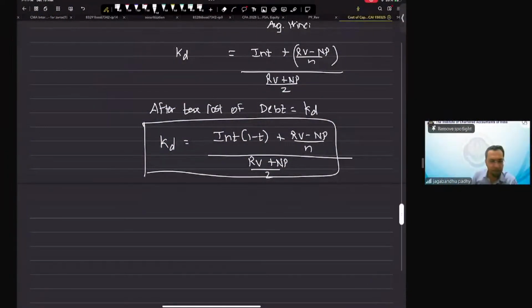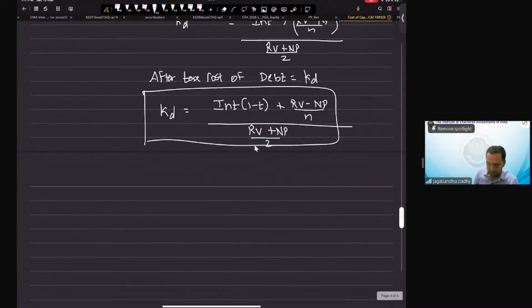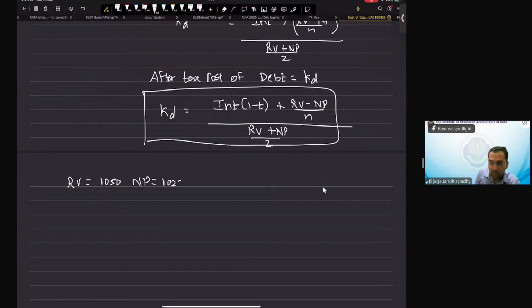We good with this formula? So suppose I tell you we have a redemption value of 1050, net proceeds of 1025, interest is 100, tax rate is 40%, and number of years is, let's say, 5.